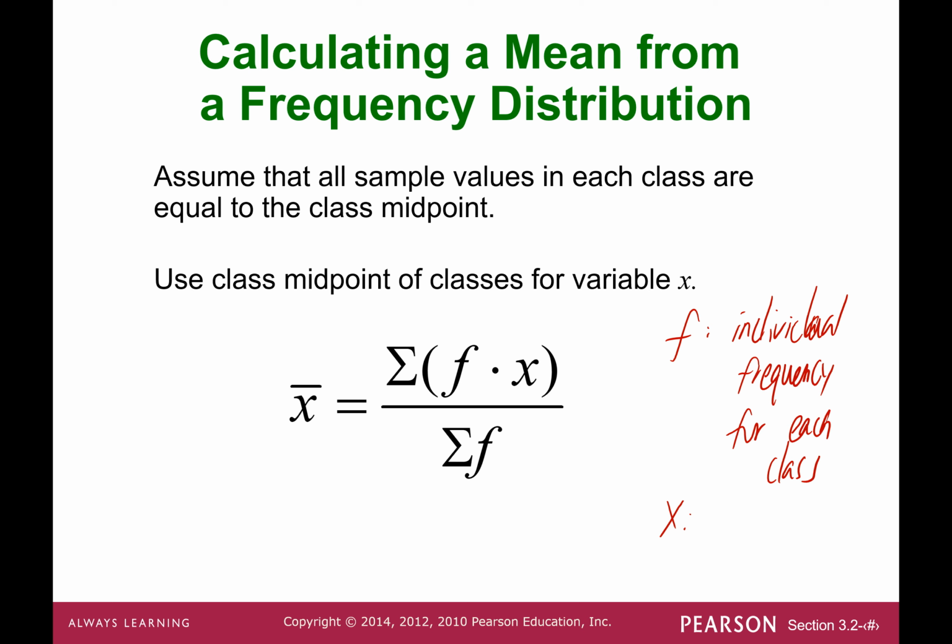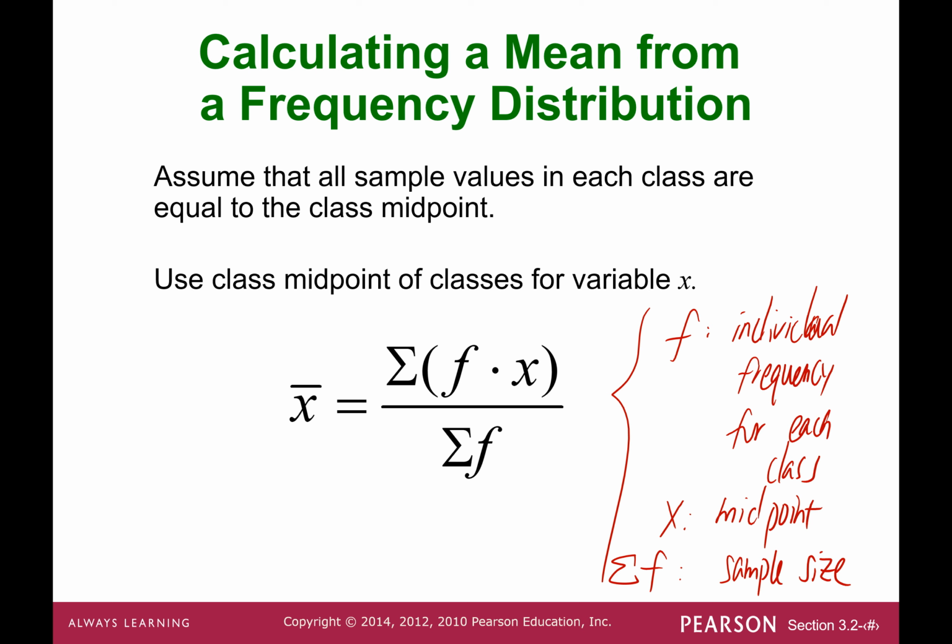X represents the midpoint. And summation of f actually means the sample size. Total frequency means the sample size. Same thing. Okay, that's the interpretation of those symbols.